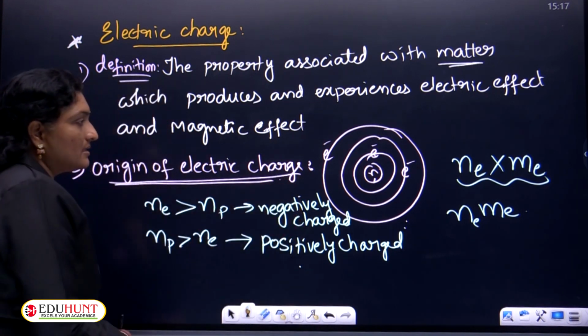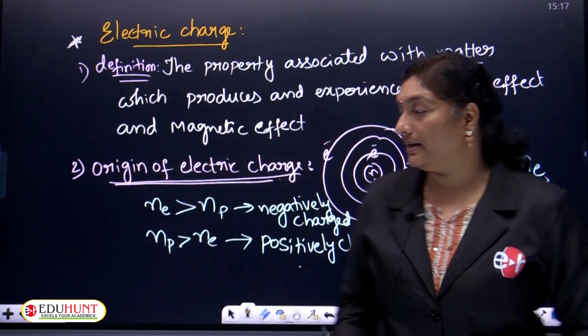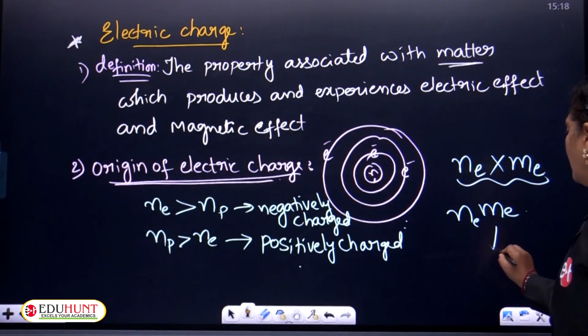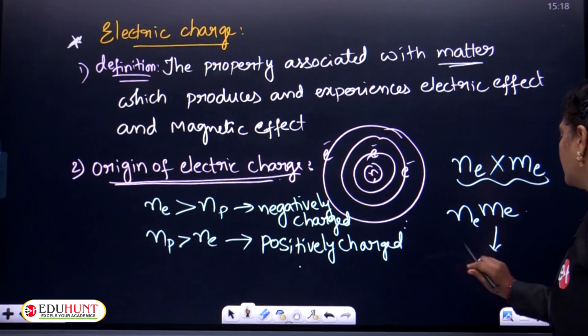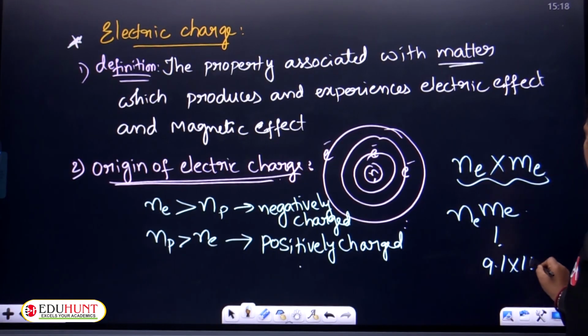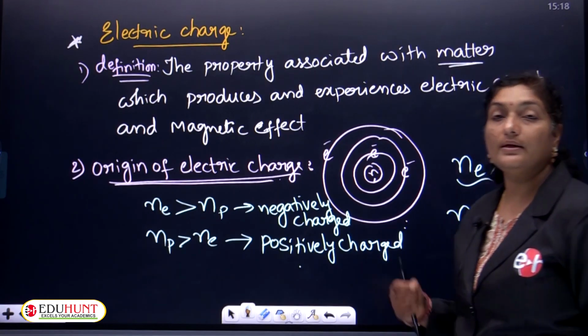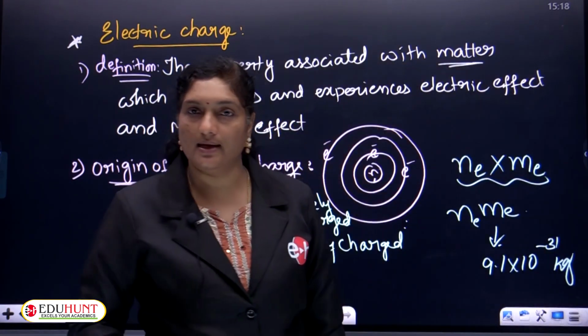And what is the mass of each electron? The mass of each electron is found to be 9.1 into 10 power minus 31 kg.